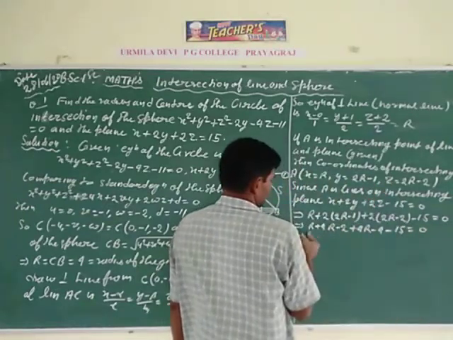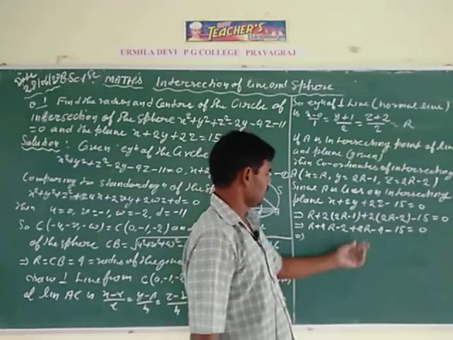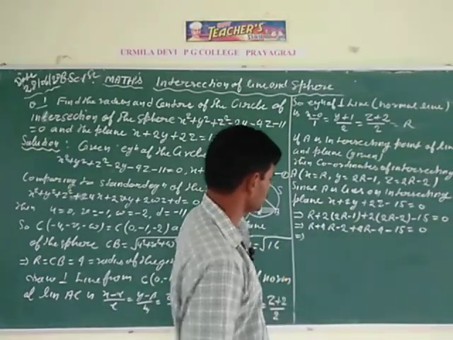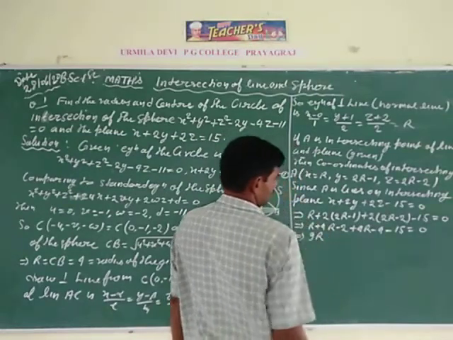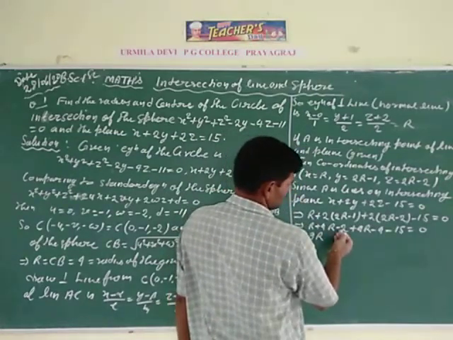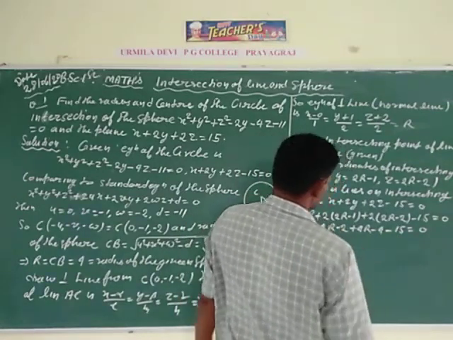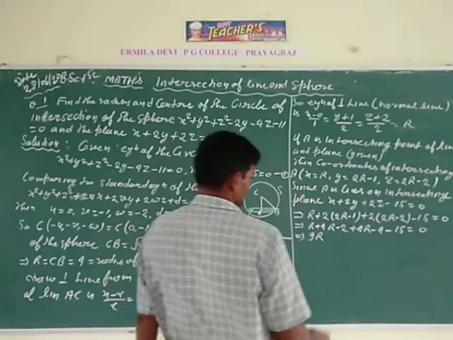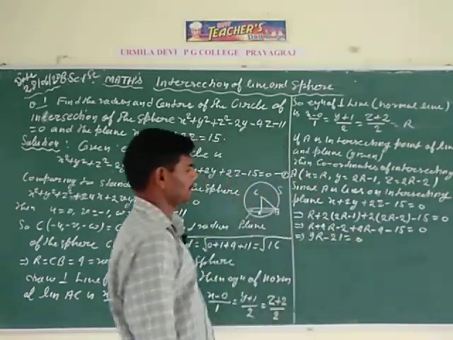It implies that r plus 4r plus 4r is 9r, and the numerical values are minus 2 minus 4 minus 15, which is equal to minus 21. So 9r minus 21 is equal to 0.